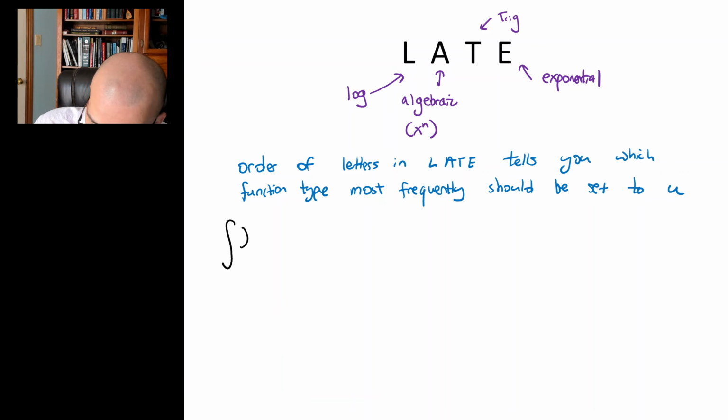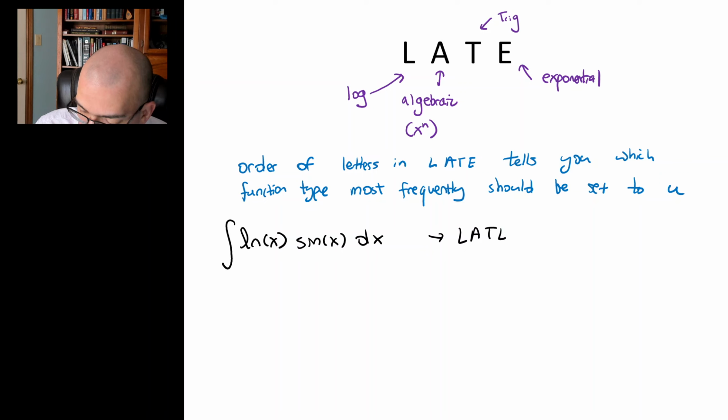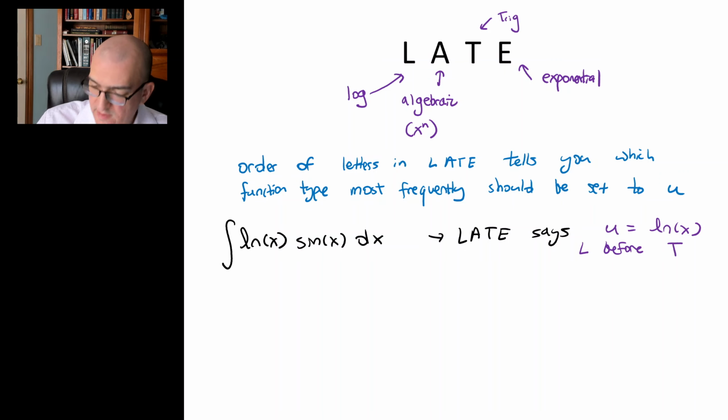So integral of ln of x times sine of x dx. LIATE says u is equal to ln of x. L before t.